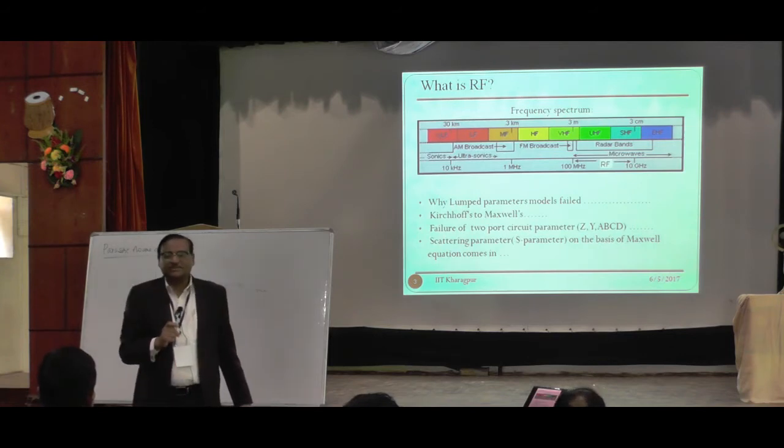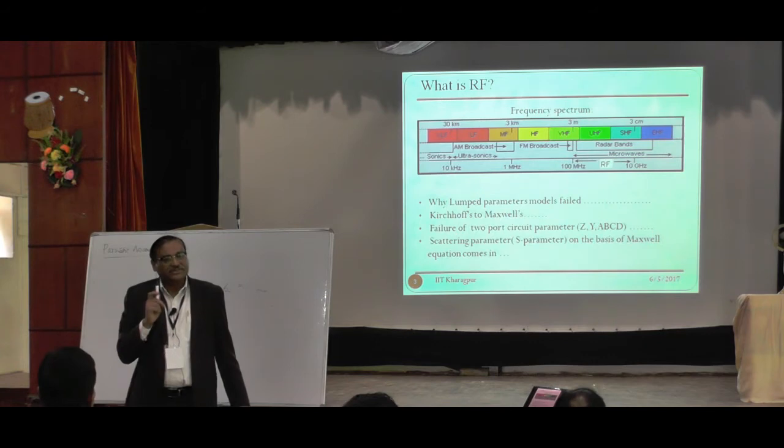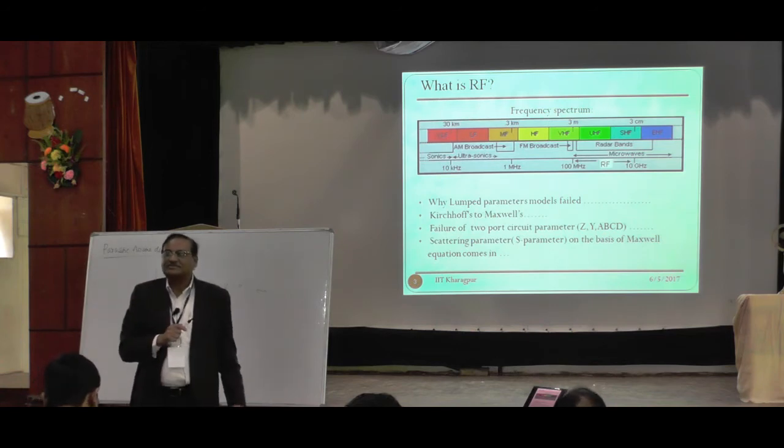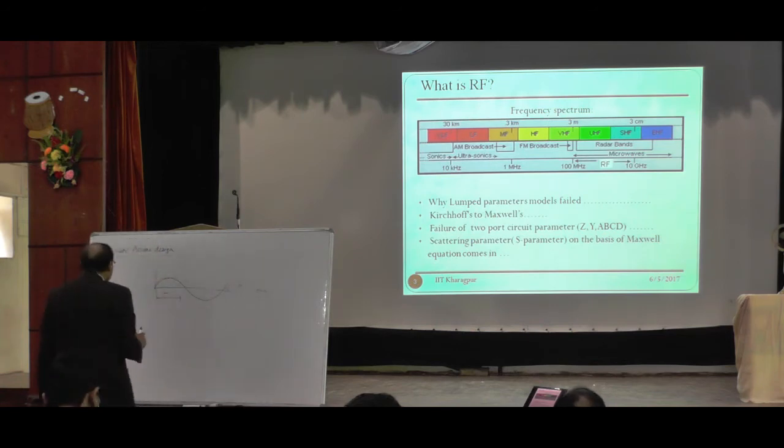But whenever there is a capacitance and inductor, there is a change in the phase. So a simple conductor would not be a simple conductor. It will be a combination of an LC network, that is a transmission network. So in spite of that, a simple conductor is becoming a transmission line.